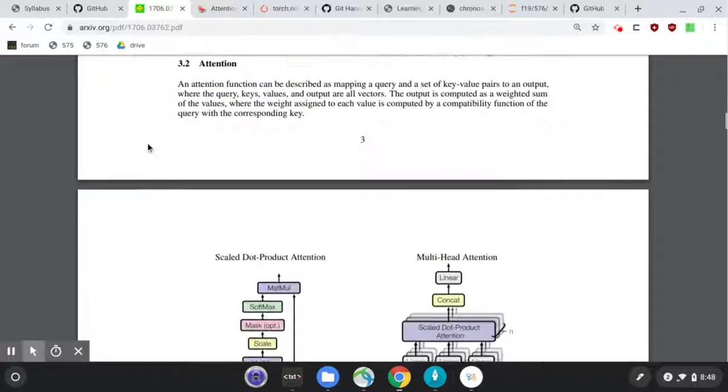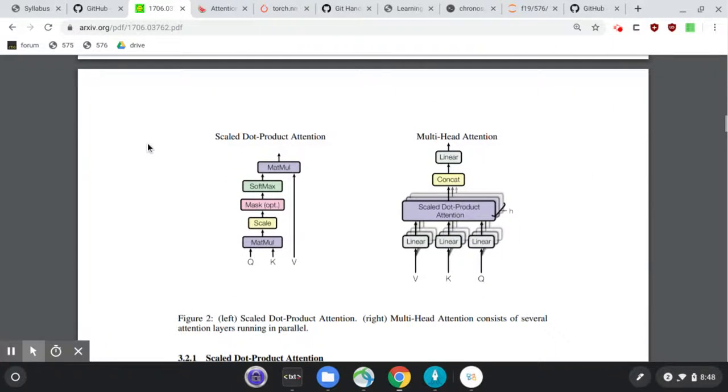That is captured by a notion of scaled dot product attention in this architecture. The transformer architecture proposed a particular way to do attention, and the scaled dot product attention is just the expansion of this blue box here.